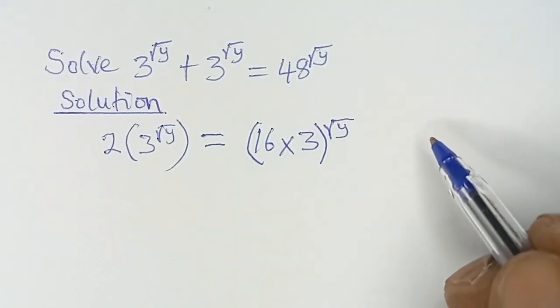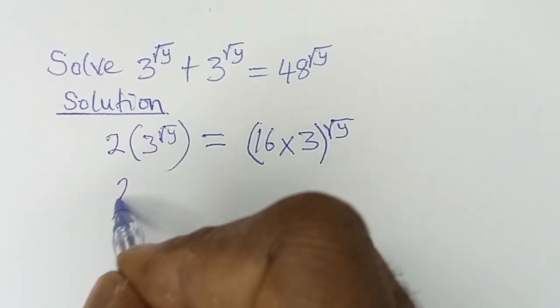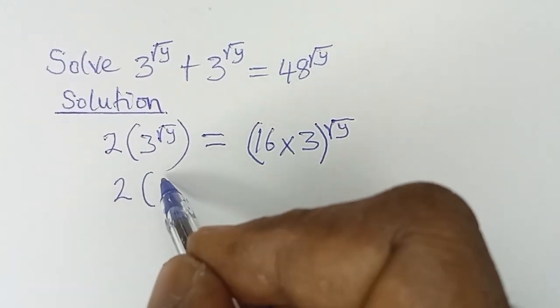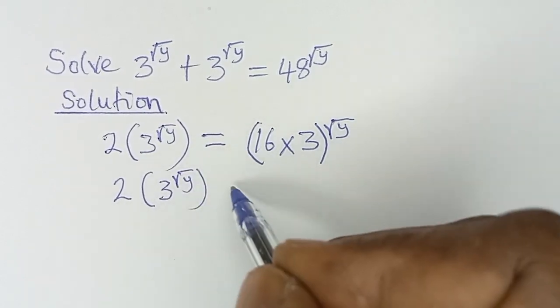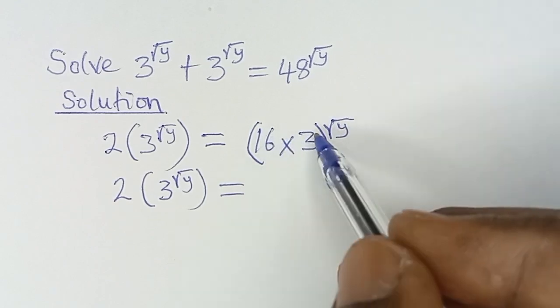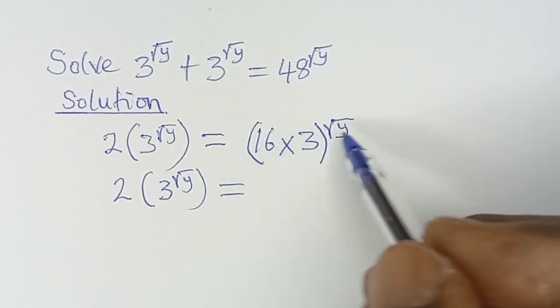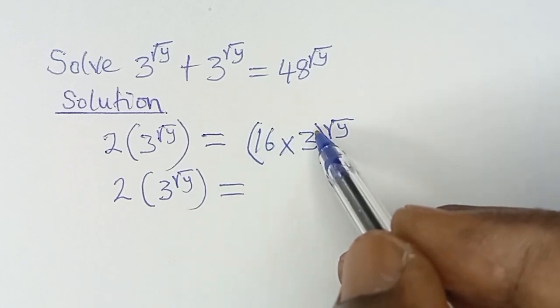Now the next thing to do is to simply write this as 2 multiplied by 3 to the power root y is equal to, this power here affects the two terms inside since they are multiplying each other. So this power here affects 16 and it also affects 3.